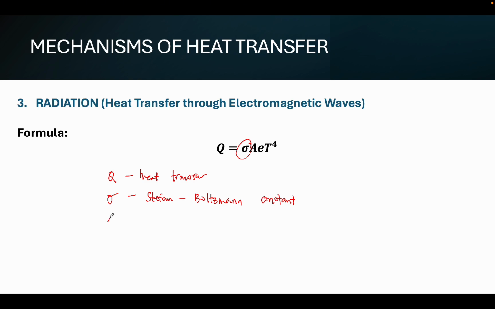A is our surface area, and E is the emissivity. It ranges from 0 to 1 and depends on the material. And T is the absolute temperature, raised to the fourth.